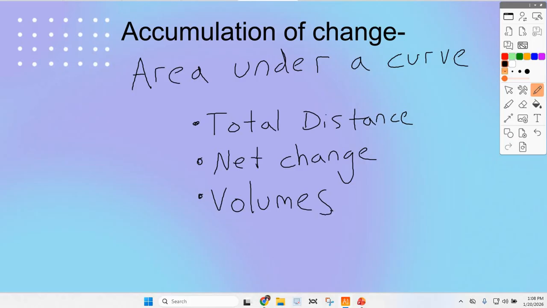Again, I know how to find the volume of a cone, right? But if I have a vase that has a weird curve in it, I can no longer find the volume of that, yeah? So just like we can use this to find the area under things that have weird curves, we can also take it a step further and use it to find volumes of stuff that has weird curves in it as well. Okay. So there's a lot of fun applications with it.